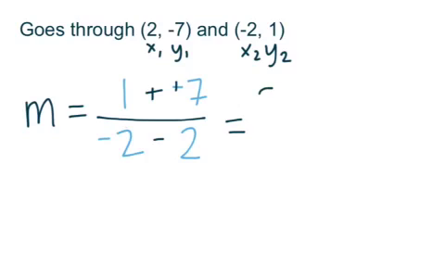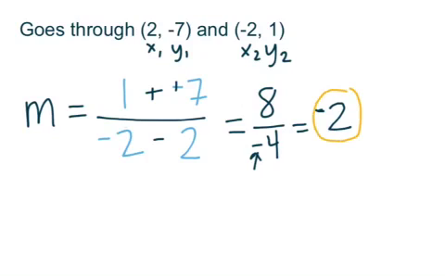So that is 8 over negative 2 minus 2 is negative 4. So I need to simplify this fraction. I know 8 over 4 is just 2. 8 divided by 4 is 2. But one of my numbers is negative, so I know this is going to be a negative 2. So this is my slope.